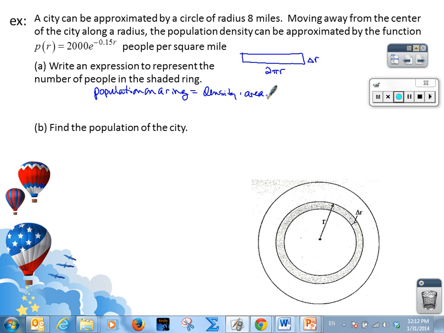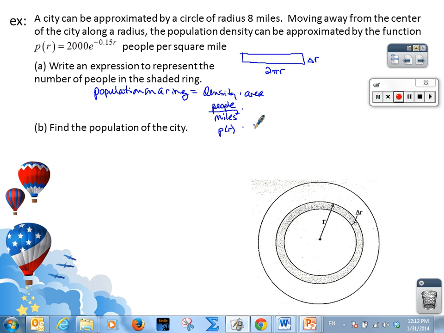Okay, so the population on a ring, let's talk about what the density is measured in. The density is measured in people per square mile. So it's people per miles squared, people per square mile. All right, so that would be the function P of r. That would represent our density.